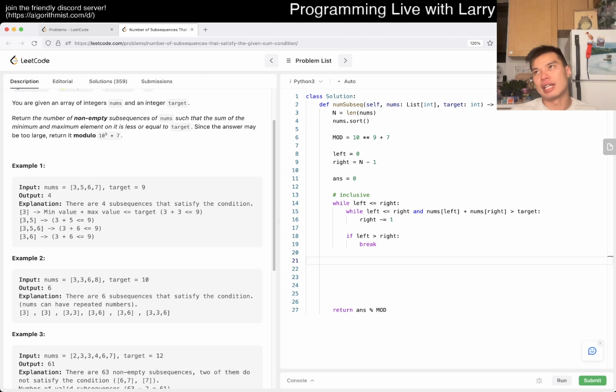Otherwise, right is going to be the index of the last number that includes it, right?